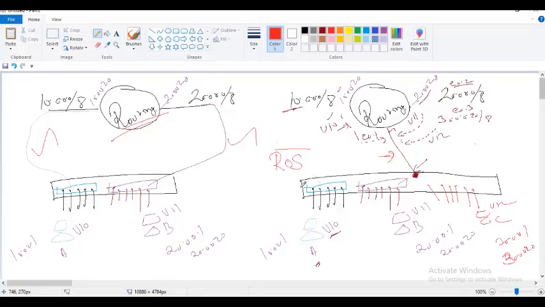So what is the best solution? In a large network, instead of buying two separate boxes, a router separately and a switch separately, we will buy one single layer 3 switch.